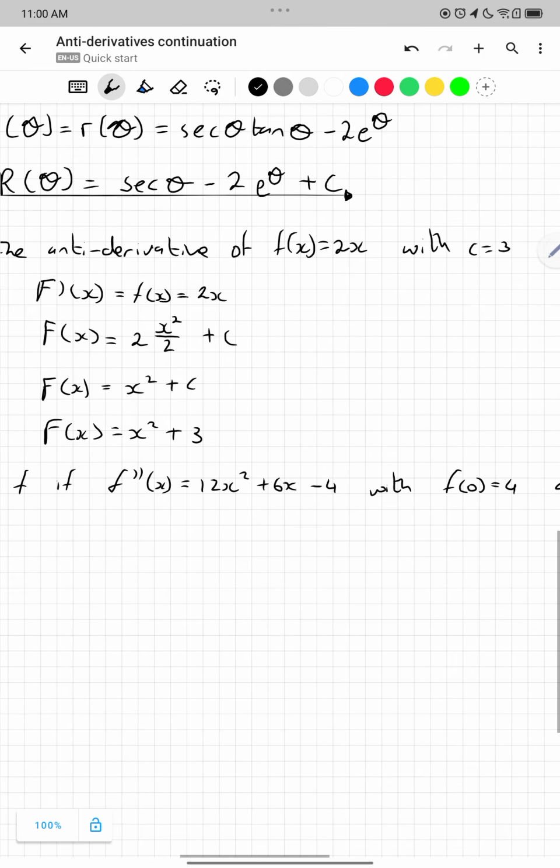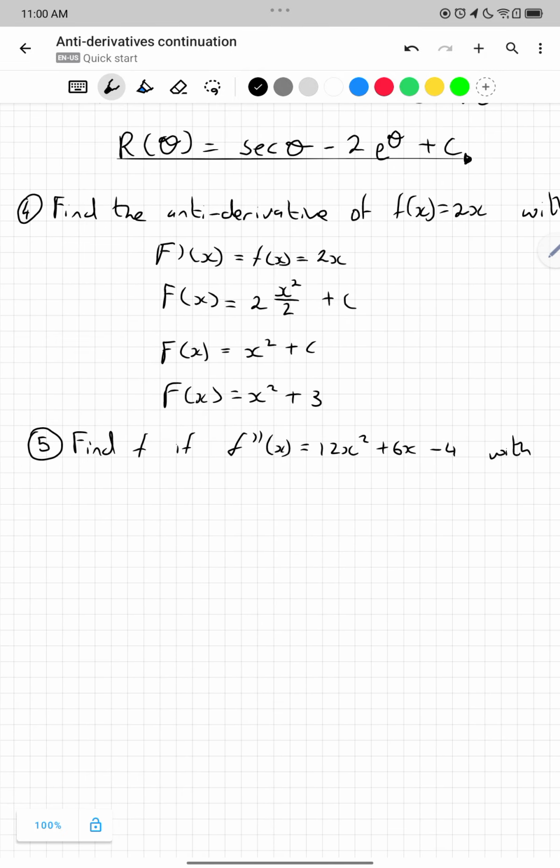Now this one is quite interesting. For you, it is interesting. So let's find f of x.